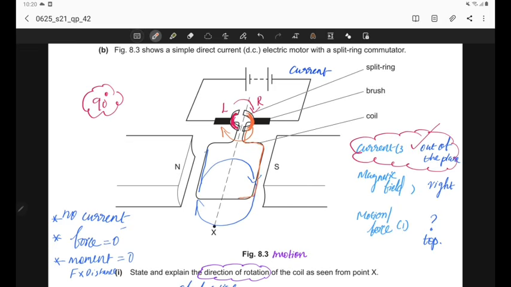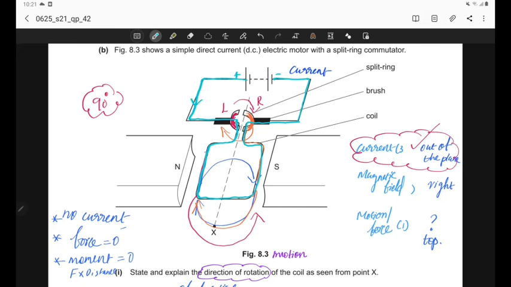That is, the coil now at the right side will move exactly to the left side, and the coil currently at the left side will move exactly to the right side. Now again the current will be flowing from the cell through the split rings and then to the coil, then the other side of the coil, then the right split ring, again back to the battery. So still there will be a flow of current.